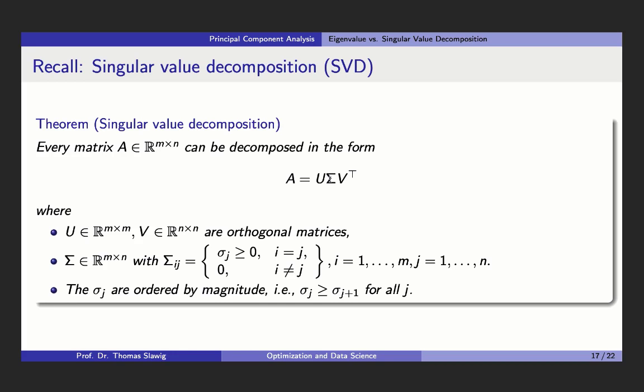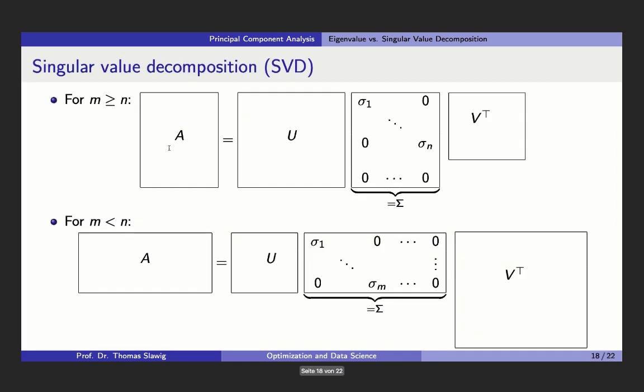And in the regression problem, we always had more equations, so m was bigger than n. Here in our application now, it can be both cases. We might have more members of the sample than the dimension of every member is, but it can also be the other way around. So we have these two cases.